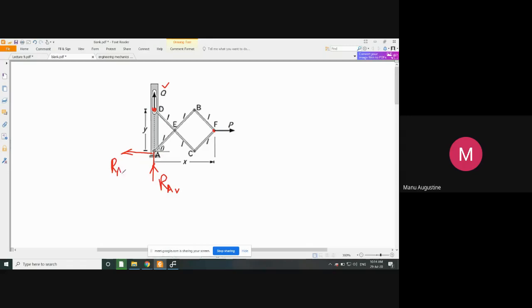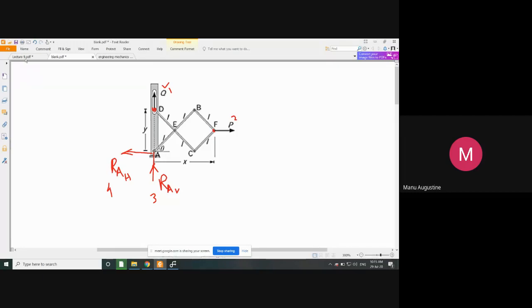We don't know the directions, or I would rather like to keep it as a mystery right now, because eventually if we use a proper technique, the directions of reactions and all unknown forces can be auto corrected in time. But anyway, for now I am saying that there will be two reaction components. So in my problem I actually have 1, 2, 3, 4 forces that are supposed to be drawn. So 4 external forces are definitely there in the problem.